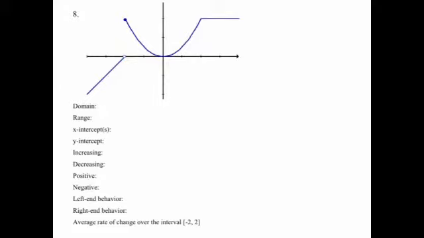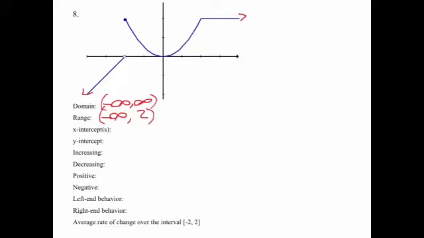It's kind of an interesting piecewise function. The function does go left forever and right forever, so from negative infinity until infinity. The range, it does go down forever, so from negative infinity and up, but it doesn't go past this y value of 2. So it goes all the way up to 2.